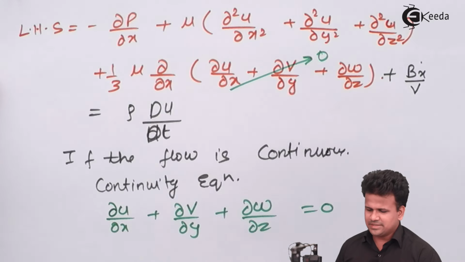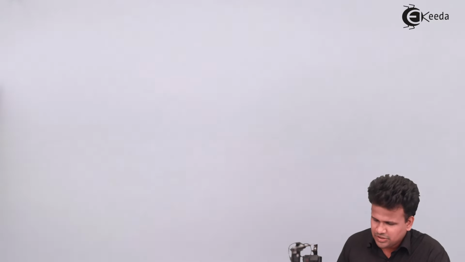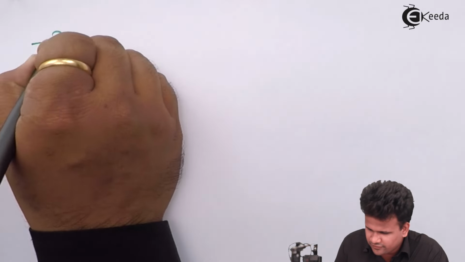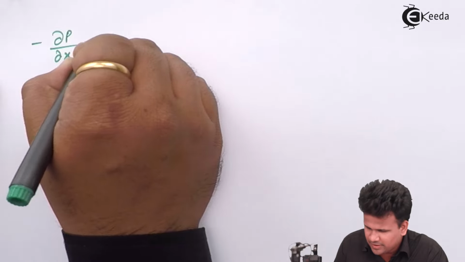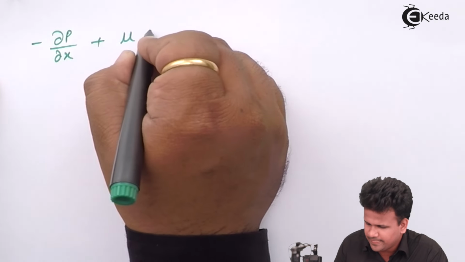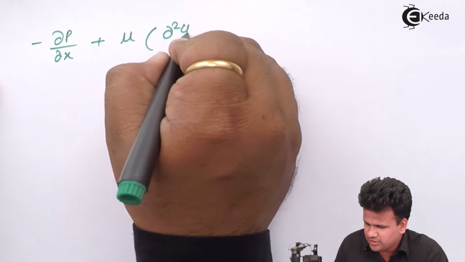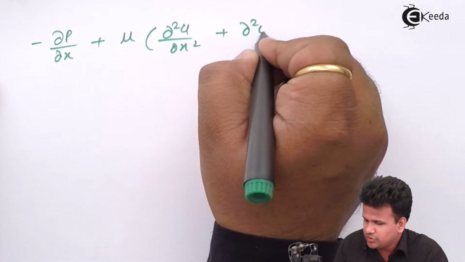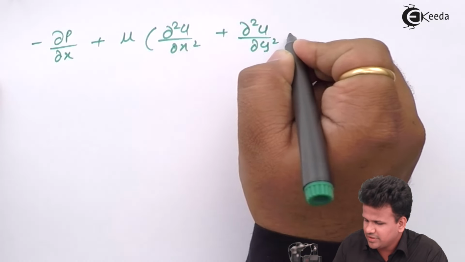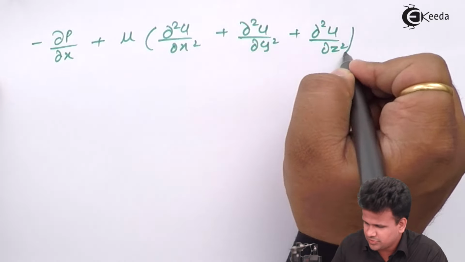So now when this term tends to 0, what do we get? The entire equation. Let us write this down. So that will be minus of dou p by dou x plus mu into dou square u upon dou x square plus dou square u upon dou y square plus dou square u upon dou z square.